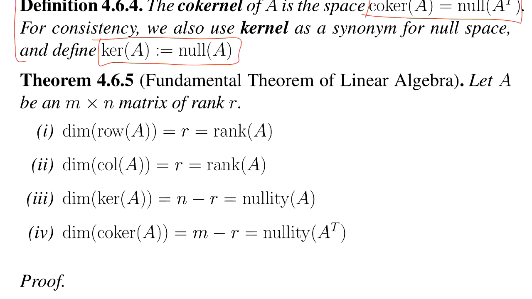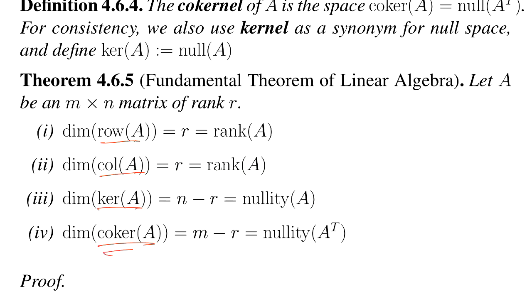Okay. But now let's summarize all of this stuff that we've just convinced ourselves of about the dimensions of these spaces. And this is sufficiently important, these observations, that it gets called the fundamental theorem of linear algebra. So the fundamental theorem tells us the dimensions of these four spaces. Okay? So the dimension of the row space is the rank, the dimension of the column space is the rank, the dimension of the kernel is the nullity, the dimension of the co-kernel is, I don't know, some kind of co-nullity.